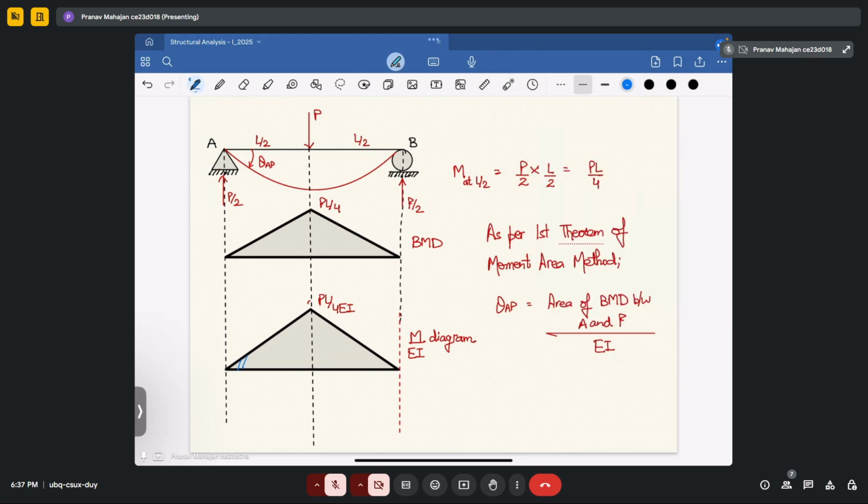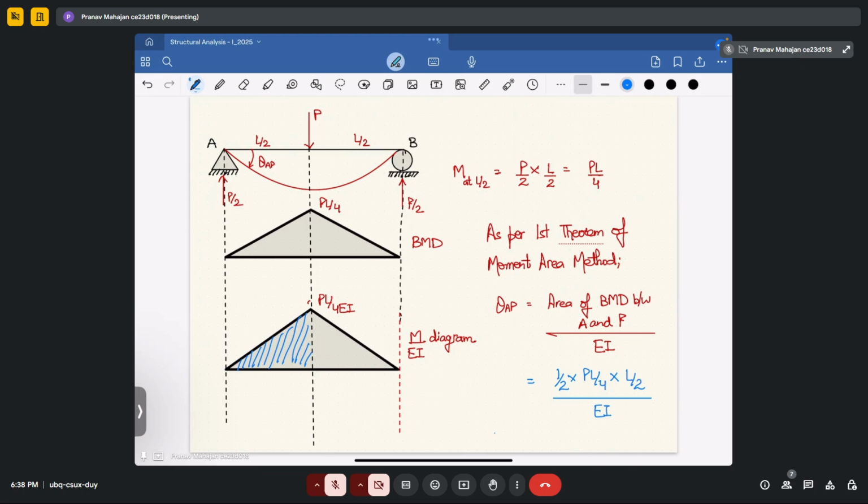Suppose this area will come under A and P. So in this case, your area will be equal to 1 by 2 into the total height, which is PL by 4 (EI we have already taken), into the base length, which is L by 2, divided by EI.